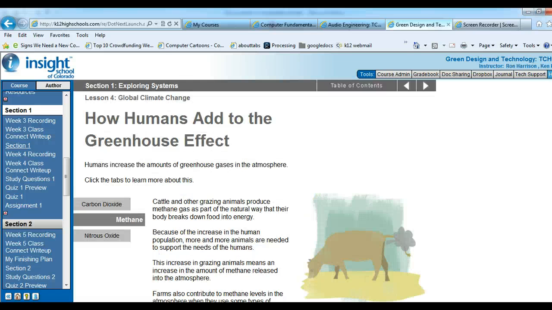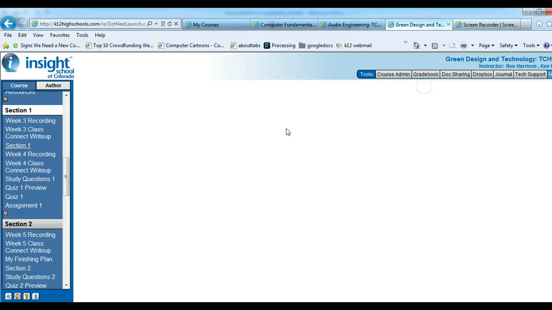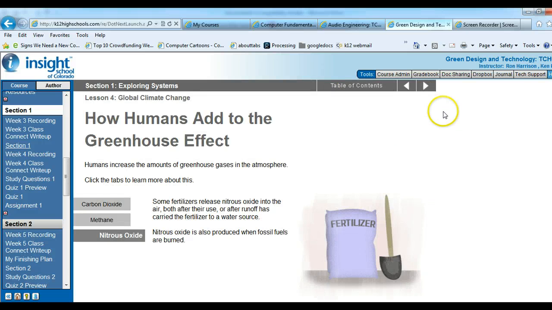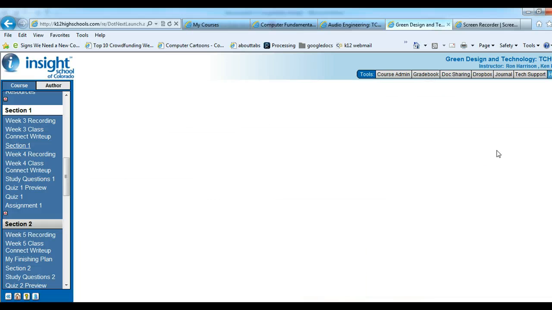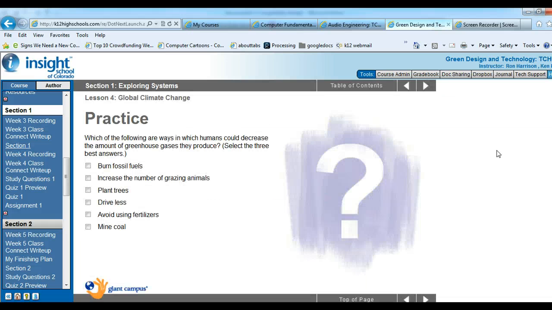And it happens naturally in places where plants are, the natural breakdown of plants, in bogs and forests and woods and things like that. So it's a naturally occurring substance too. Okay, practice, see what you can answer there.